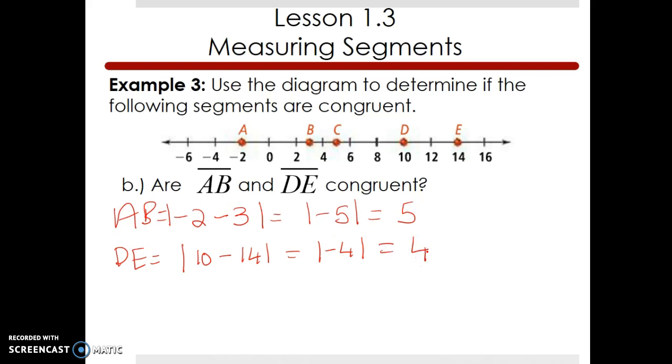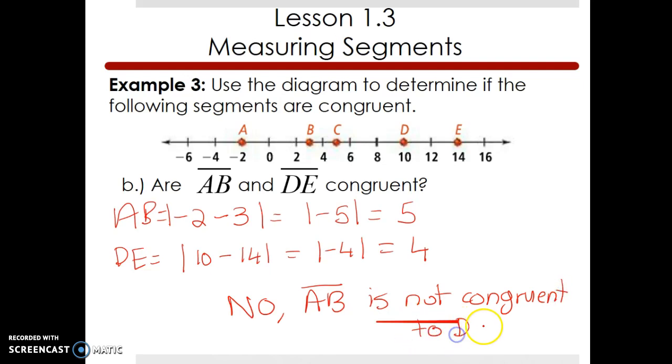So are 5 and 4 equal? No, right? So that means no, AB is not congruent to DE.